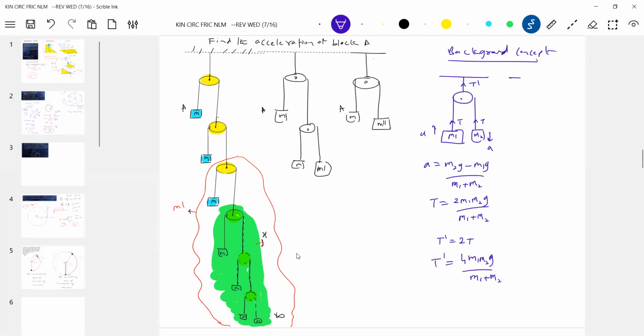Now, can I replace these two moving blocks with a block so that the same tension can be provided in this particular string? There's a string. What should be the equivalent mass of that particular system? Let me call it m naught, so that I get the same tension.